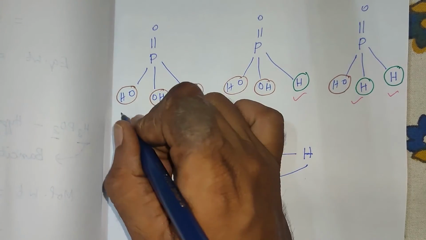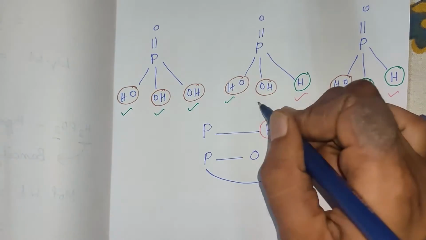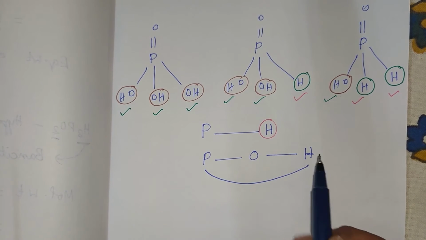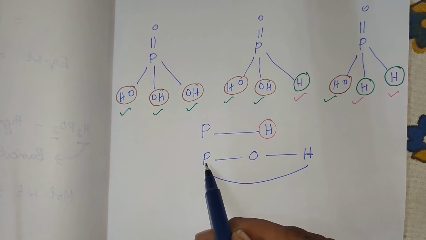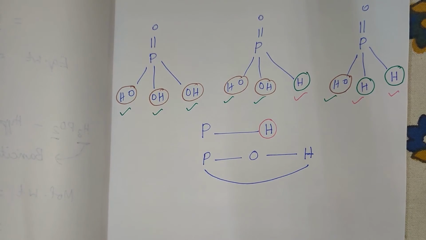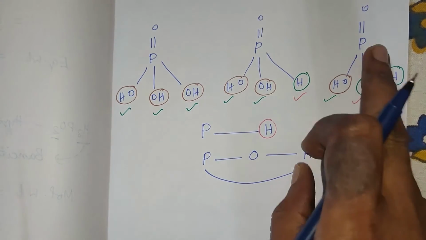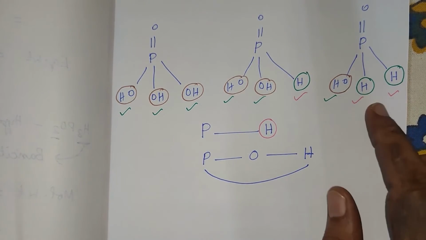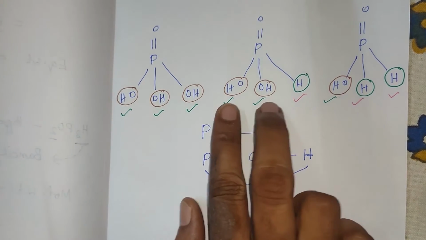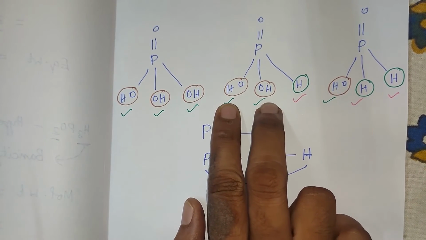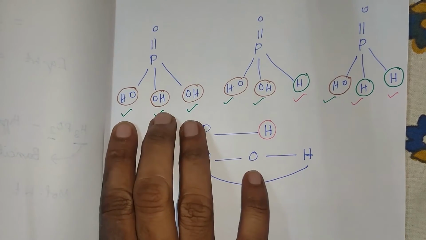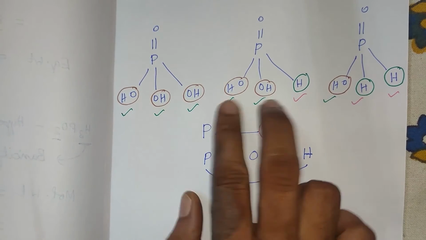This hydrogen, which has a green tick here, can be replaced because the hydrogen is not directly attached to phosphorus. It is attached to oxygen and oxygen is attached to phosphorus. So this hydrogen can be easily replaced, whereas the hydrogen that is directly attached to phosphorus cannot be replaced easily. So in the first case all these 3 hydrogen are replaceable, in the second case only these 2 hydrogen are replaceable, and in the third case only this hydrogen is replaceable. That is why the basicity is 3 here, 2 here and 1 here.